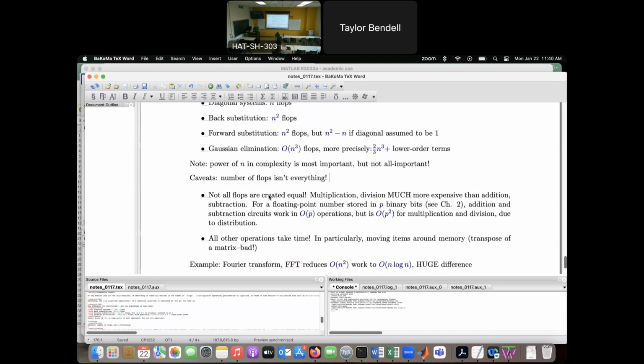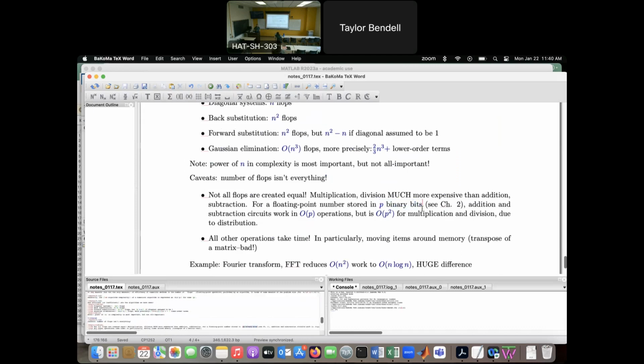The reason is that floating point numbers are stored in a certain number of binary bits. This is something I covered last semester. Think of a single arithmetic operation where the operands are numbers stored in binary with p digits of precision. Think about when you first learned how to add, subtract, multiply, and divide in elementary school. You're doing everything longhand.